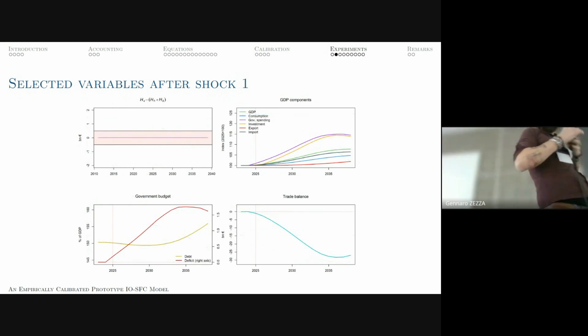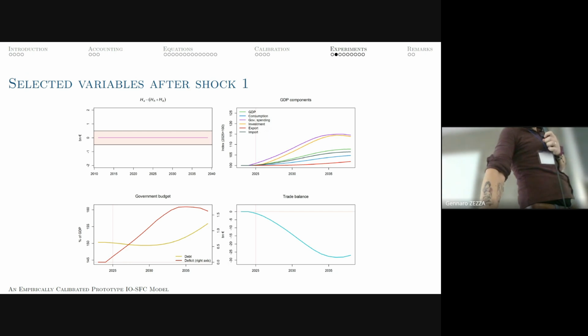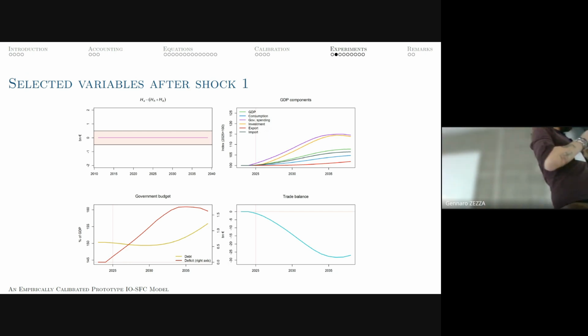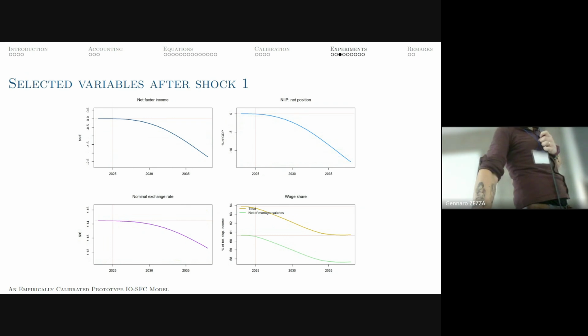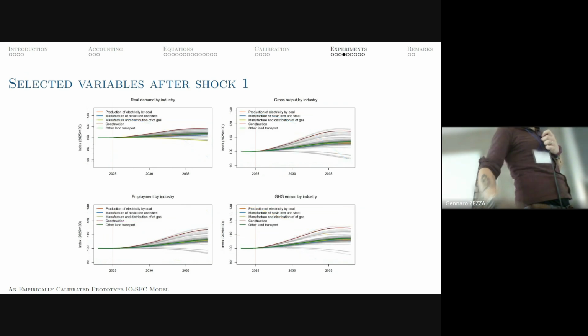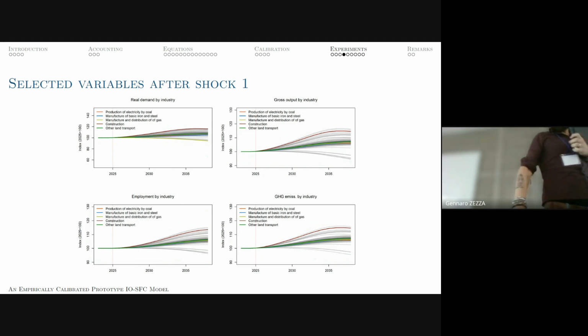And what you see is the economy moves as expected. Everything is adjusting as expected. The model seems to be quite stable. It's no surprise, it was just a check for me to see if everything is going in the right direction. Here you can see that demand for different products moved in different ways, and we can see output and emissions. Everything seems to work smoothly.